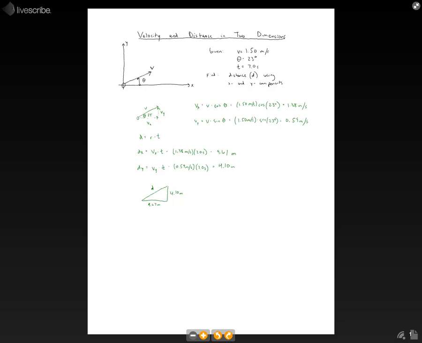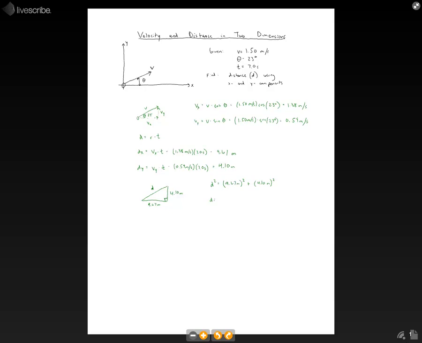If you notice, this should make a right triangle because we are separating them into x and y components. So you might think, how do you solve for d? You can simply use the Pythagorean theorem here, and it should be d squared is equal to 9.67 meters squared plus 4.10 meters squared.